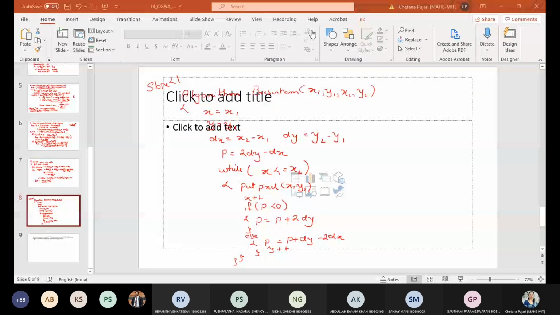If you are dealing with slope greater than 1, then you have to decide whether you have to increment X or not, but the process will remain the same.